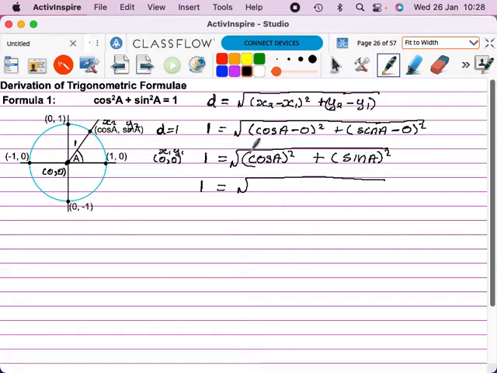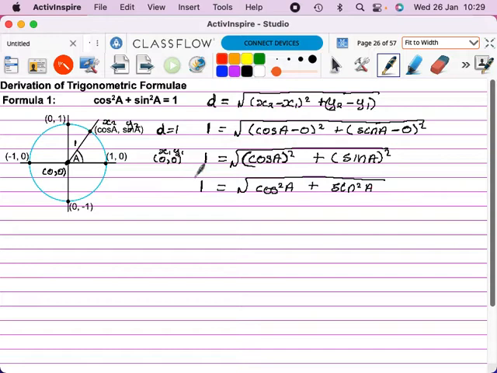Now I just want to remind you, it's a slight abuse of notation, but it's accepted. Cos A all squared, we are allowed to write that as cos squared A. And sine A all squared can be written as sine squared A. It just means that we don't have to write brackets, but we know what it means.